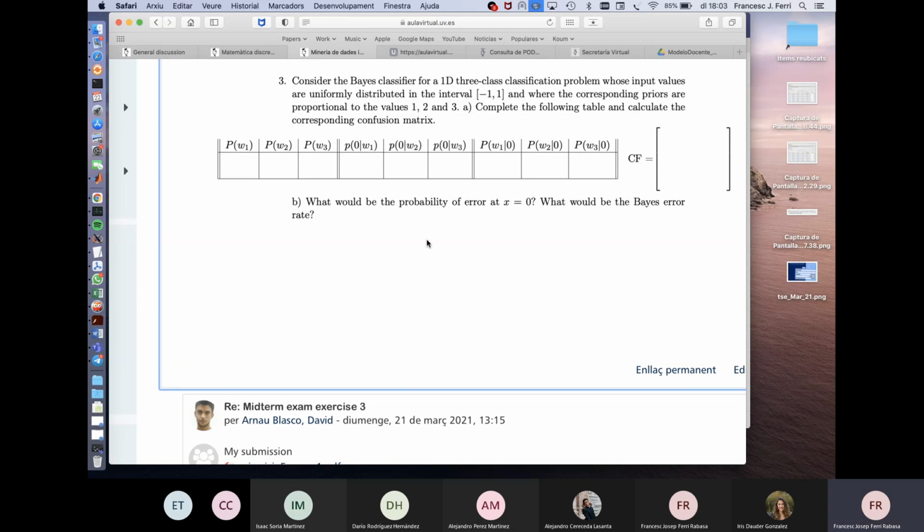You need to know that the integral of this over all the values of x, not only x0, the integral from -1 to +1, has to be 1/2.